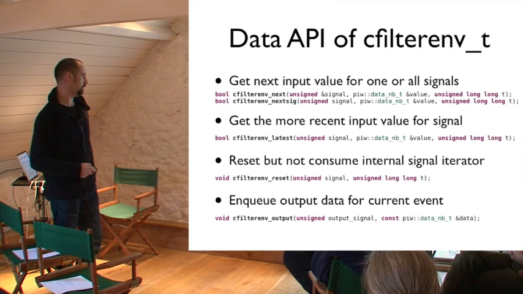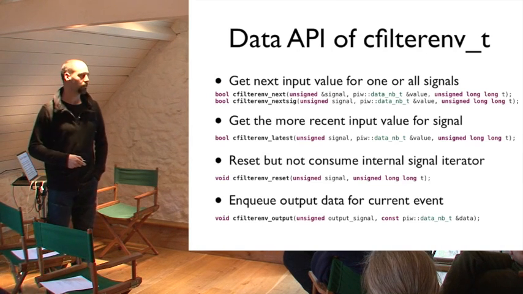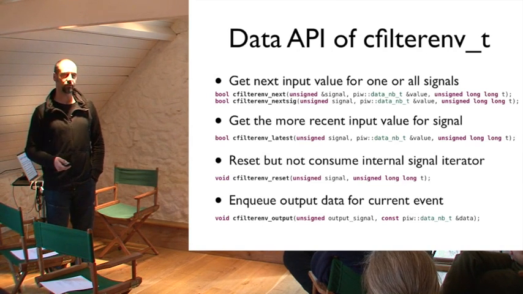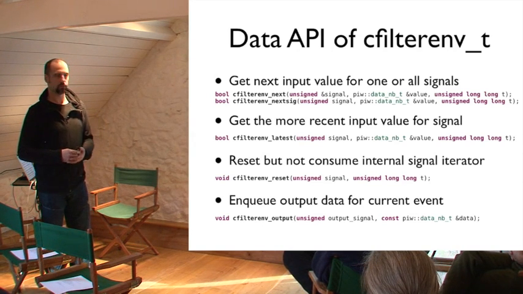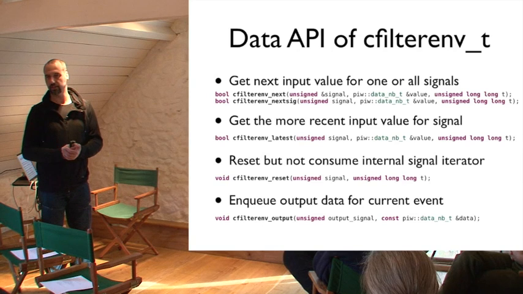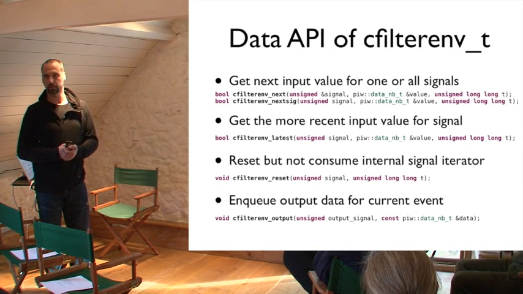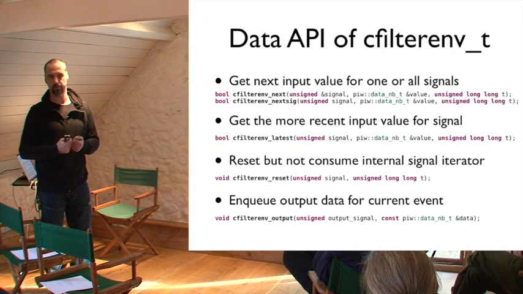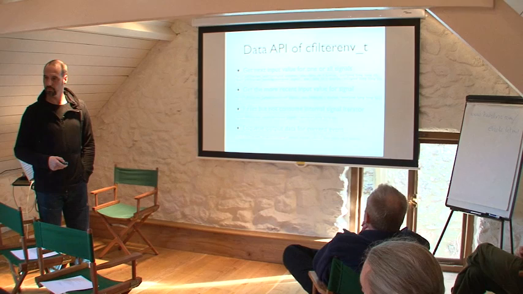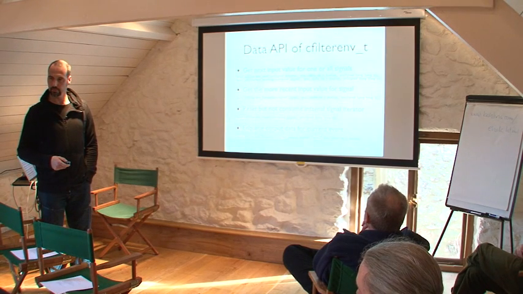Another thing that is done quite frequently when an event starts up is the reset, which basically resets the iterator over the buffer so that you can start from a fresh slate at that point in time. So that you don't get any of the other data that might still be buffered up in the ring buffer. The iterator is bound to the input, not to the data buffer itself.